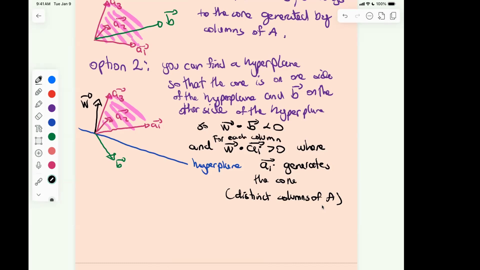That's one way to say this, because if the first dot product is negative, that means it's obtuse, and if all the other dot products are positive, that means all the angles here are less than 90 degrees. So they landed on the other side of the hyperplane. Is that making sense? Any other questions about this?